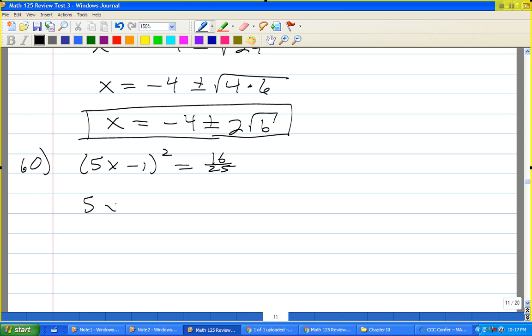So 5x minus 1 is equal to plus or minus the square root of 16 over 25. But the square root of 16 is 4. The square root of 25 is 5.